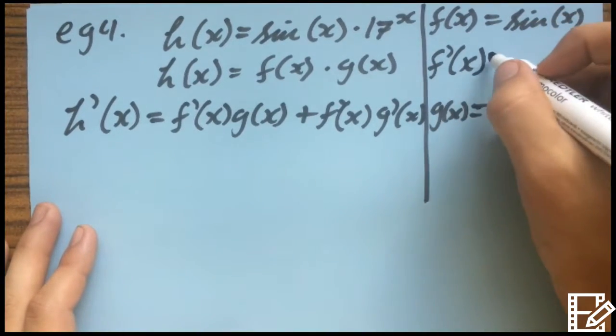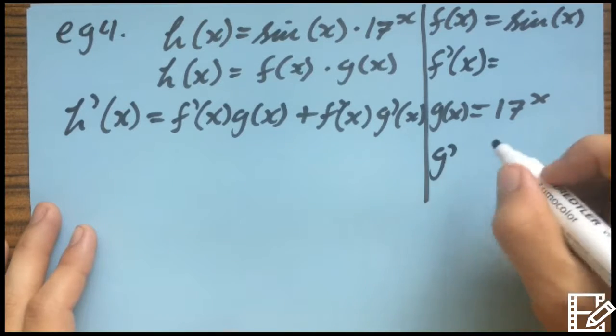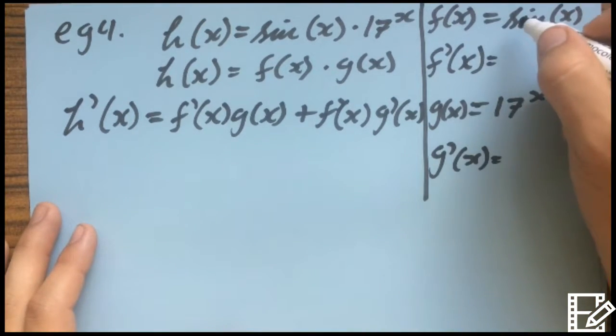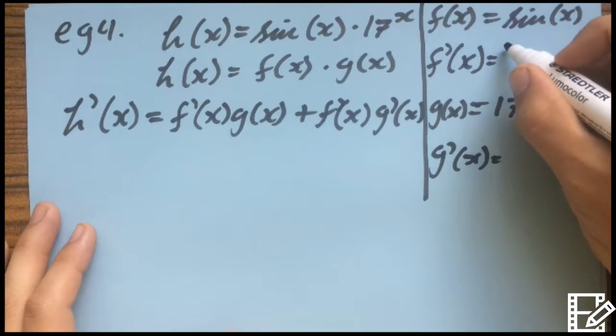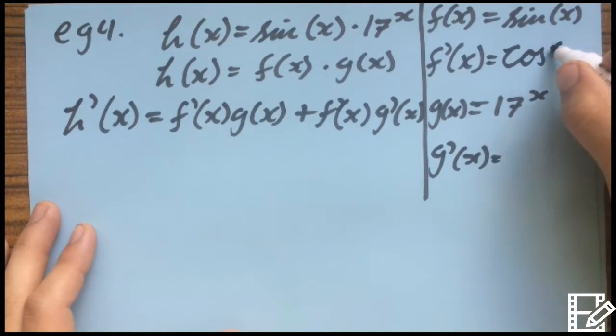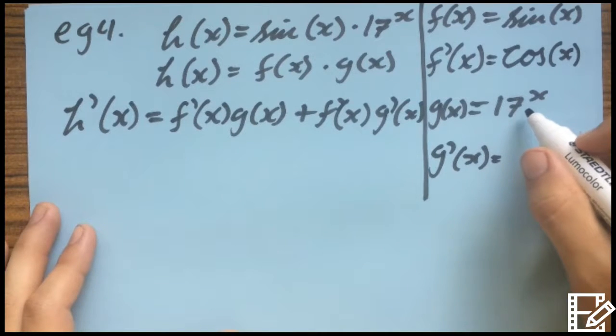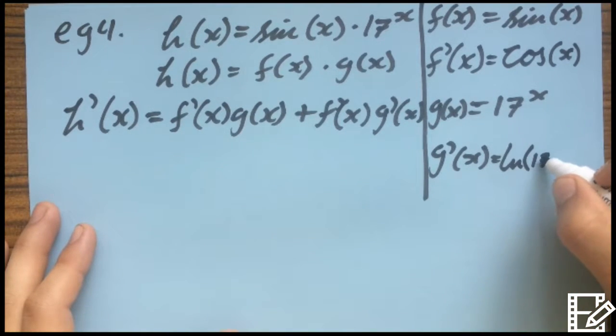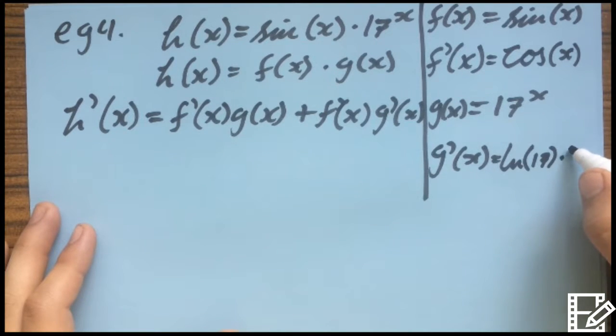Finding f dash x and finding g dash x. The derivative of sine x is just cosine x, and the derivative of 17 to the power of x is just ln 17 multiplied by 17 to the power of x.